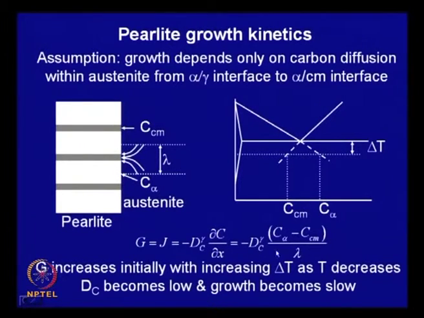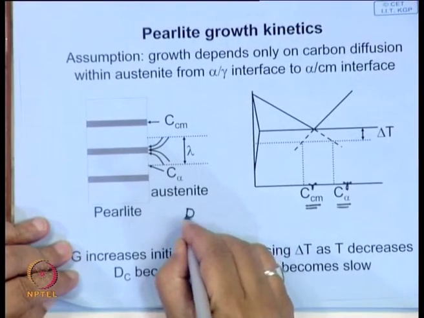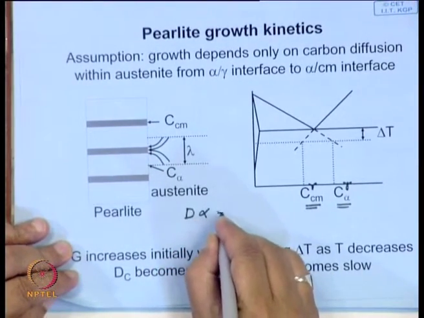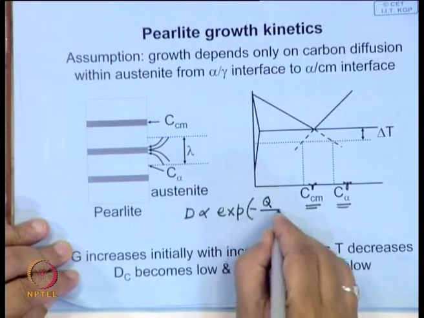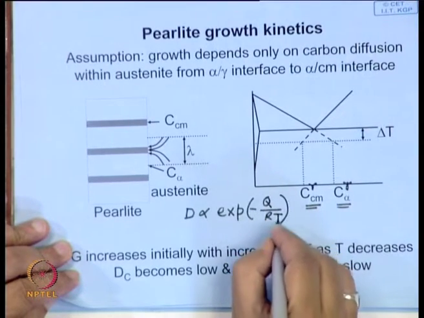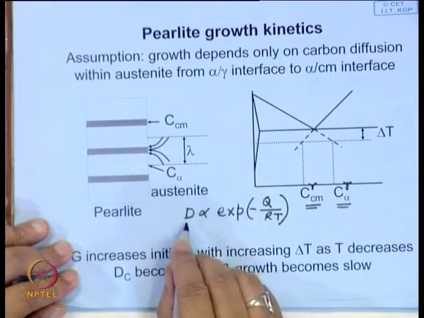And so the growth rate depends on diffusivity, which is a function of temperature. Diffusivity is proportional to exponential of minus activation energy over RT. So, if the temperature goes down, the diffusivity becomes lower.